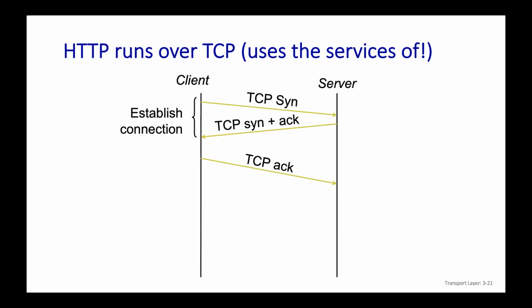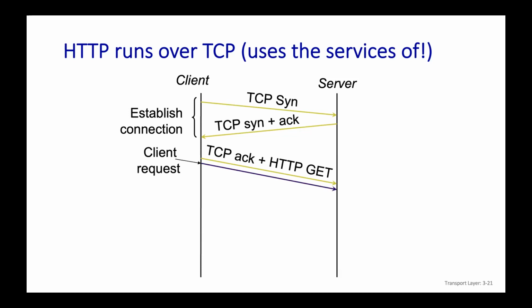For now, let's focus on the application layer. But we do know that the application requires the secretary to work underneath. This is the TCP connection establishment. After the TCP connection is established, with the packet in which the TCP acknowledgement is sent, or maybe in a separate packet, you can send an HTTP GET request.